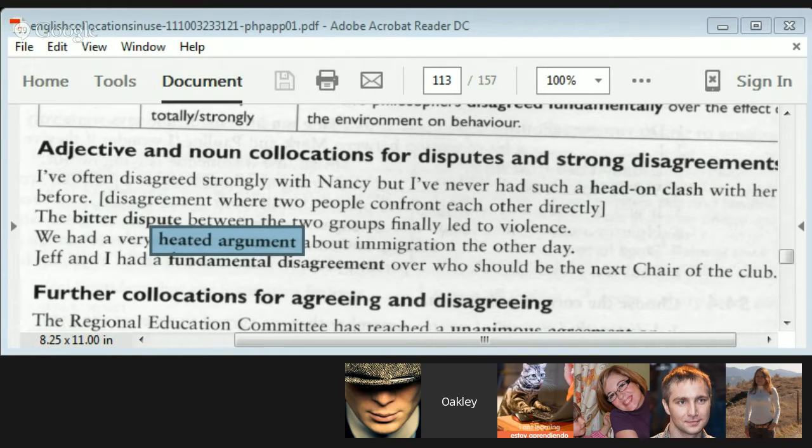A discussion, semantically, maybe more friendly. Yes. Maybe when you and your friend are talking about a movie, for instance, and a heated argument maybe about politics, who runs for president's seat. Yeah. Okay.